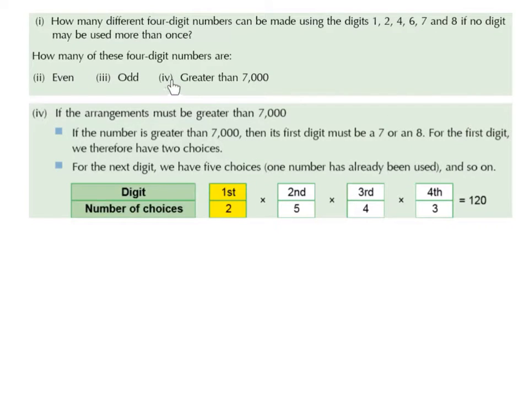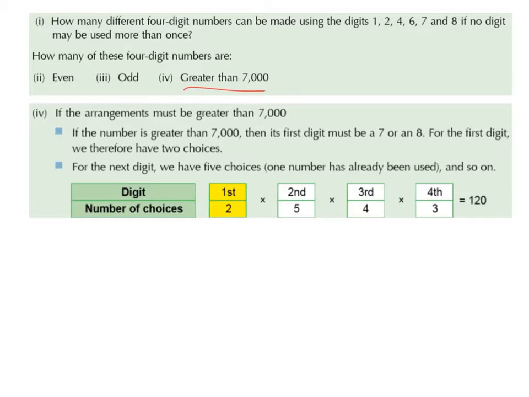And part 4, how many of these 4-digit numbers are greater than 7,000? So remember, we're arranging a 4-digit number, and we can only use each of these numbers once. So if the number is greater than 7,000, then its first digit must be a 7 or an 8.